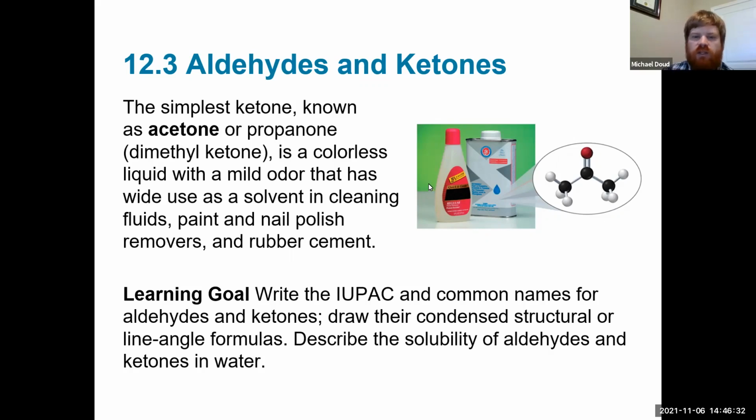This is commonly used as a nail polish remover. It's a really good solvent for a lot of nonpolar compounds, so it's really useful. It can be used for nail polish or for other cleaning, for example, when you're cleaning stuff off the floor or trying to remove a varnish, oftentimes acetone is used.